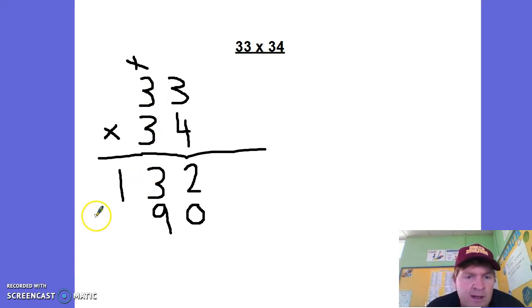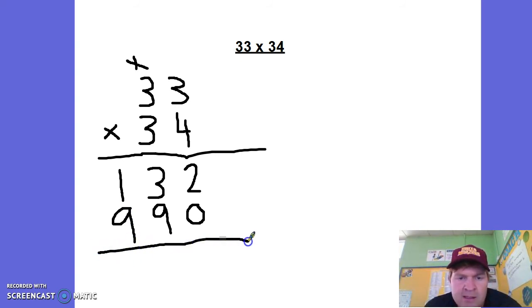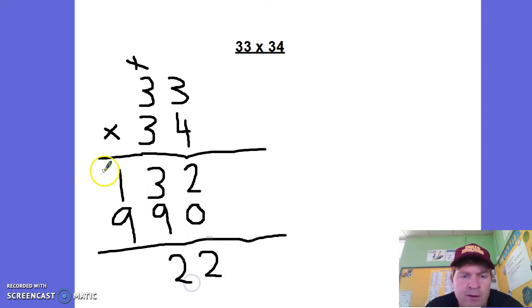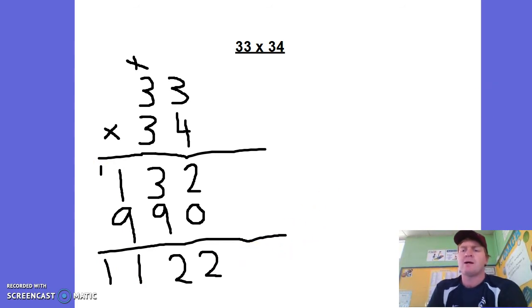And another way we say that is 900s. Okay, now I've got that in place. I've got my parts all done, I just need to add these together. It's 2, 10, 11, 12, well, my 2, carry my 1, 10 and 11, which means 1,122. Okay, that's our first part done.